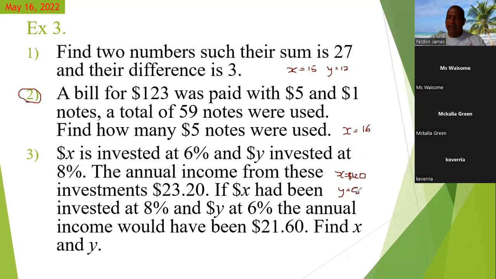For the other one, it will be $2, which could be 200 cents. Sometimes it is easier to convert and work with cents because you don't have the decimal to work with. You get what I'm saying, Ms. Cabrera?